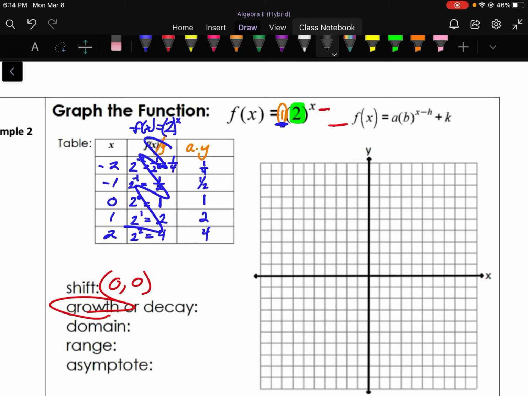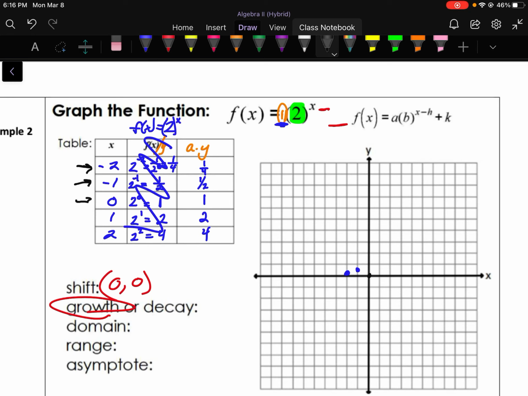shift is at. So our shift is here at the origin 0, 0. So from 0, 0, I'm going to plot this first point right here, which tells me to go left 2, up 1/4. So if I go left 2, up 1/4, it puts me right about there. It's hard to plot 1/4 accurately on a little graph like this, but do the best you can. Now my next point here tells me to go left 1, up 1/2, so about right there.